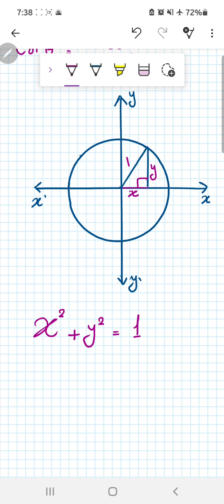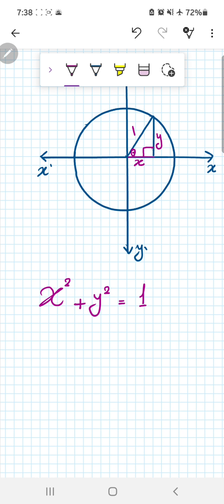If we have angle theta, we want to get sine theta and cosine theta. Sine theta is opposite over hypotenuse, which is y over 1, which is y. Cosine theta is adjacent over hypotenuse, which is x over 1, which is x.